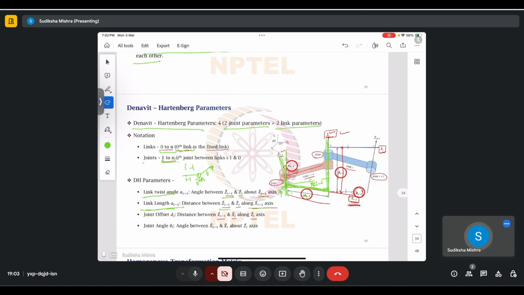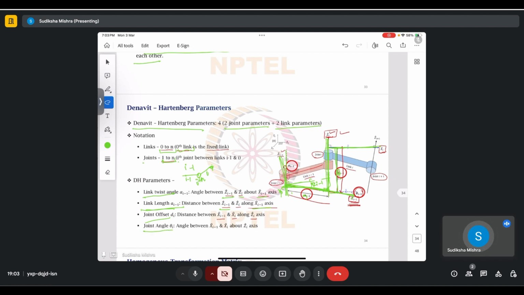So this is the zi axis, this is the perpendicular for xi minus 1, and this is the perpendicular for zi. So you have this and this becomes di, which is the joint offset.